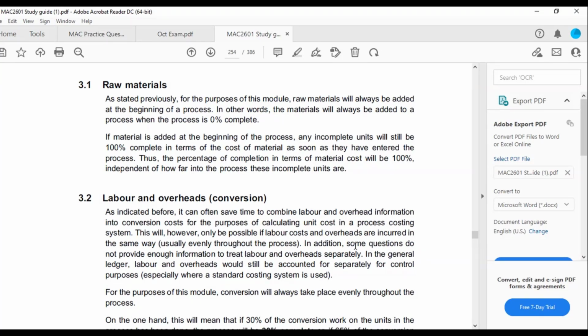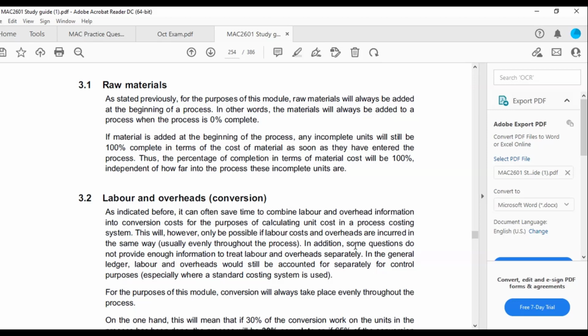So what they're saying is that when you put in your material, it is at 0% complete. However, we cannot deny the cost of that material to be deemed as 100%. Why? Because it already comes in at 100% complete. I'm saying the raw material itself, you can't say it was 60%.